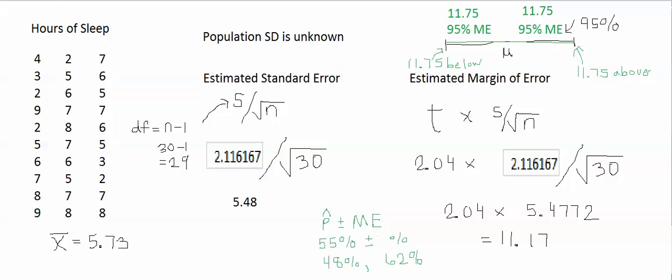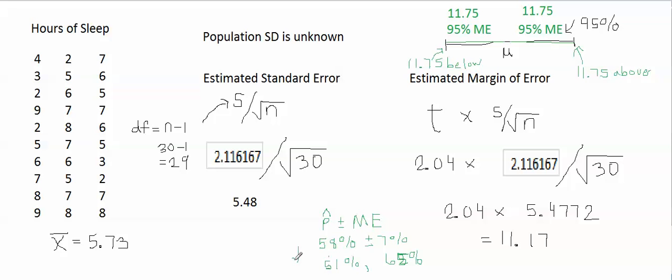But if this percentage was a little bit higher, then these two numbers would be 51 and 65, and 50% is below this lower number.